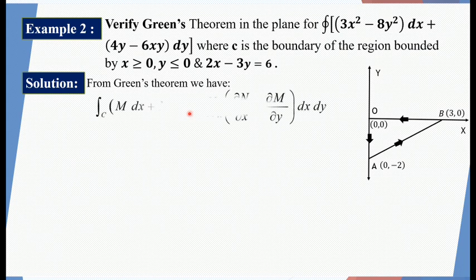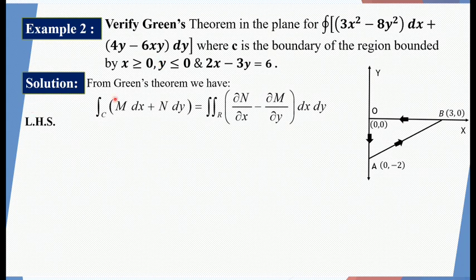From Green's theorem, we have the standard formula: integral over C of M dx plus N dy is equal to double integral over R of (del N over del x minus del M over del y) dx dy. On comparing this LHS with the given problem, we get capital M equals 3x square minus 8y square, and capital N is equal to 4y minus 6xy.